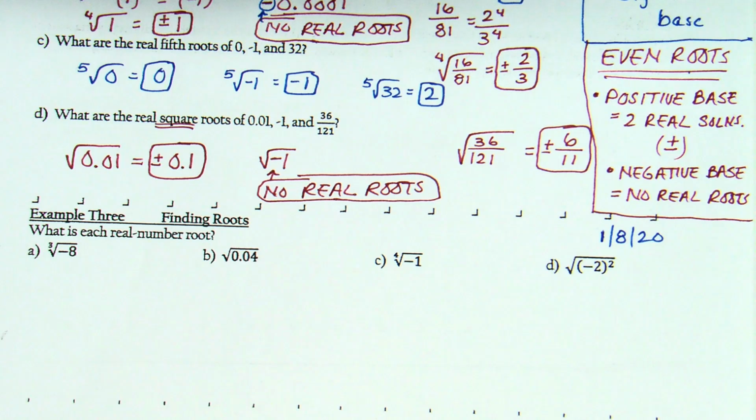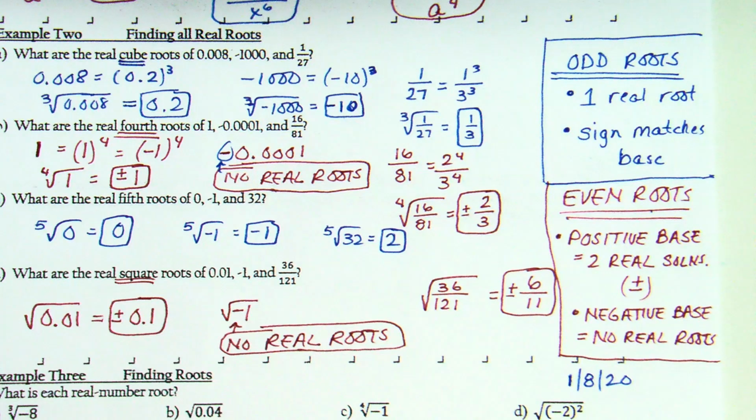Okay, guys. We are picking up from yesterday where we left off with radicals and roots. Now, as a brief review, remember when we were going through these in the middle section here? If it was something like a square root or a fourth root, what kind of answer did we have to give?